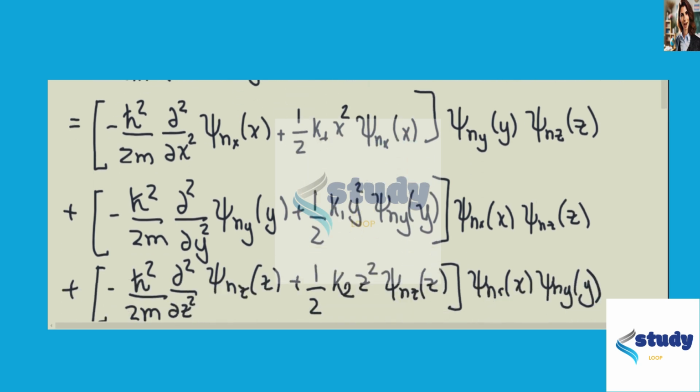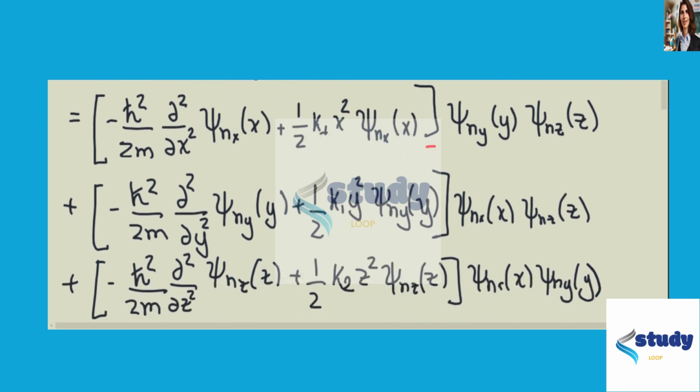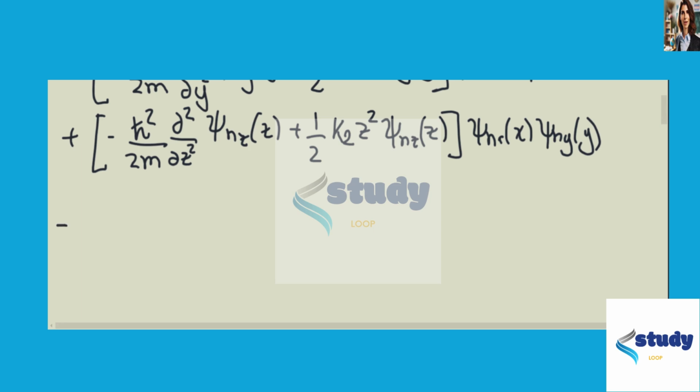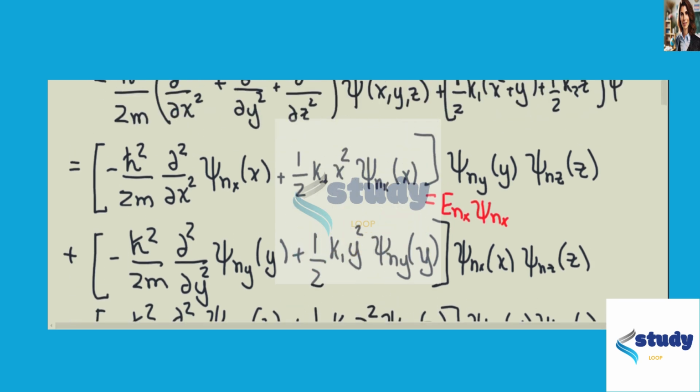Okay? Notice that this first term here is the energy Enx times psi of x. So you get that this is equal to the energy Enx times psi nx, psi ny, psi nz.